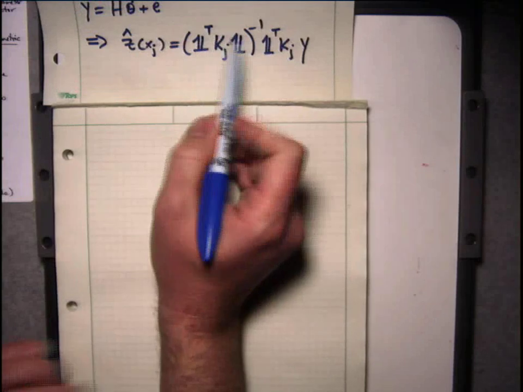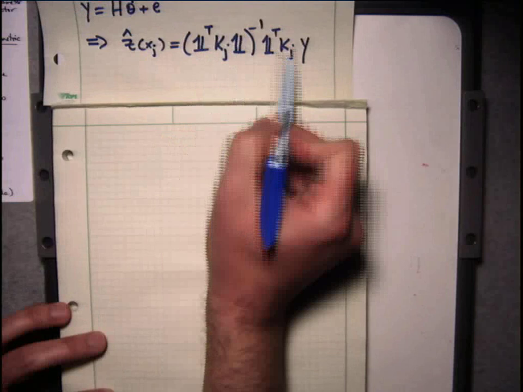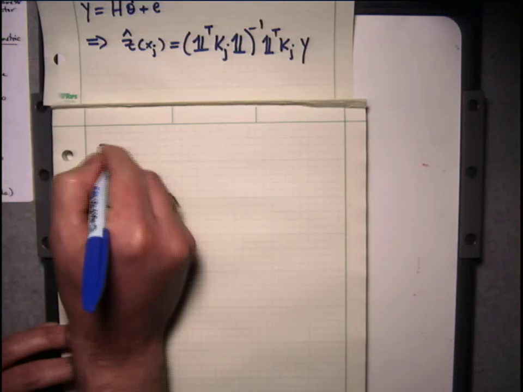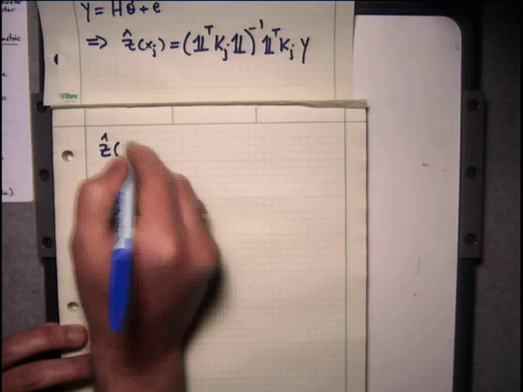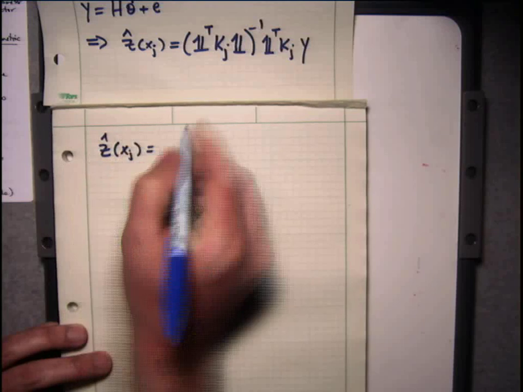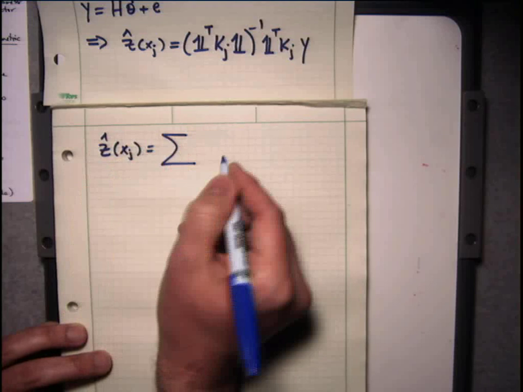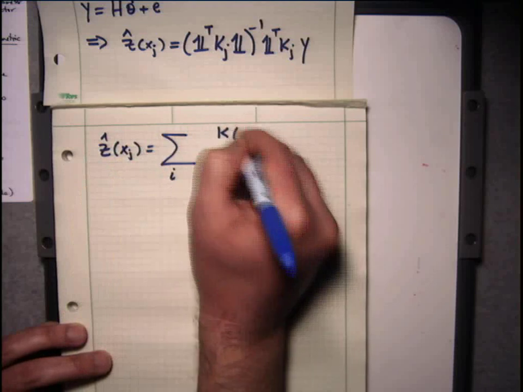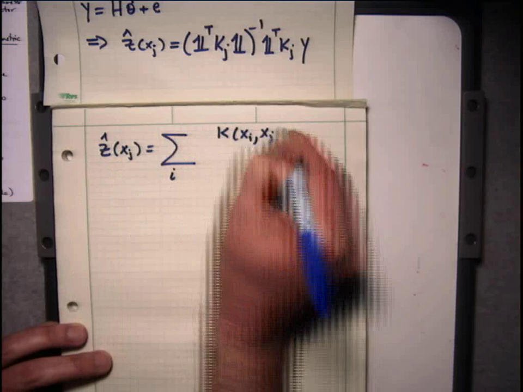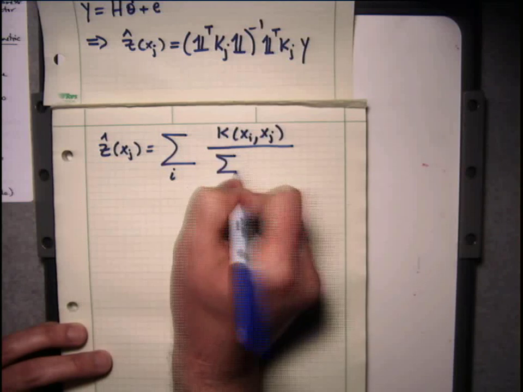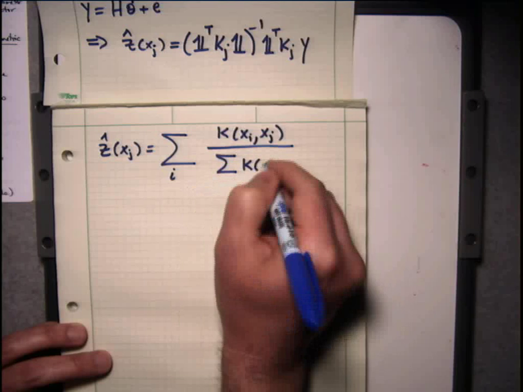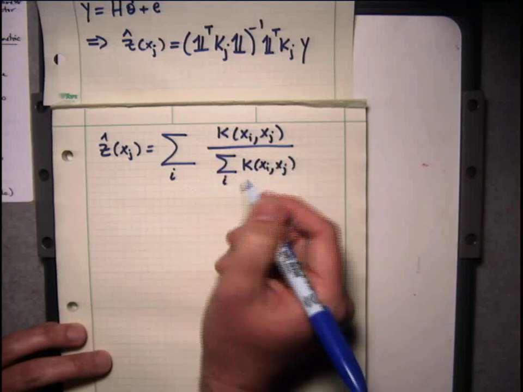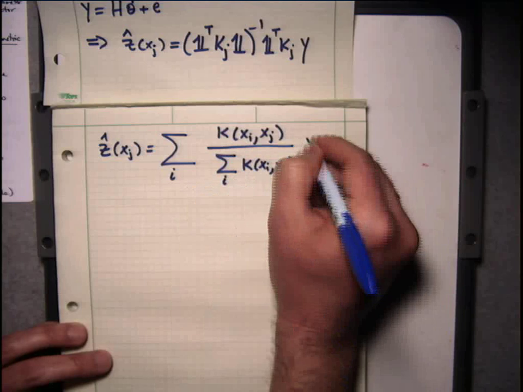This is just a scalar. And so is that. So what ends up happening is z hat of xj becomes the sum over i of k of xi, xj divided by the sum over i of k of xi, xj, times yi.